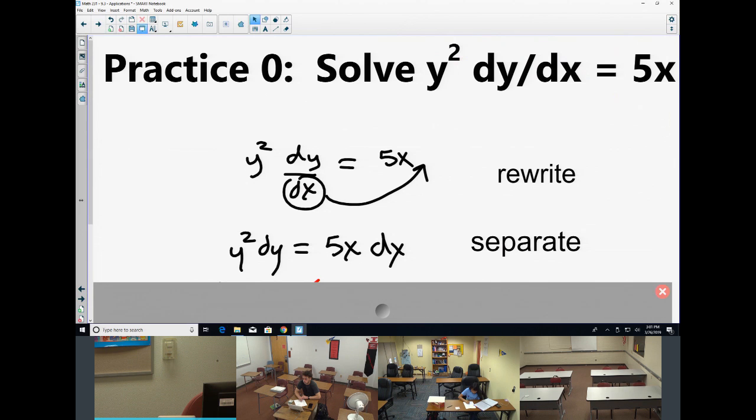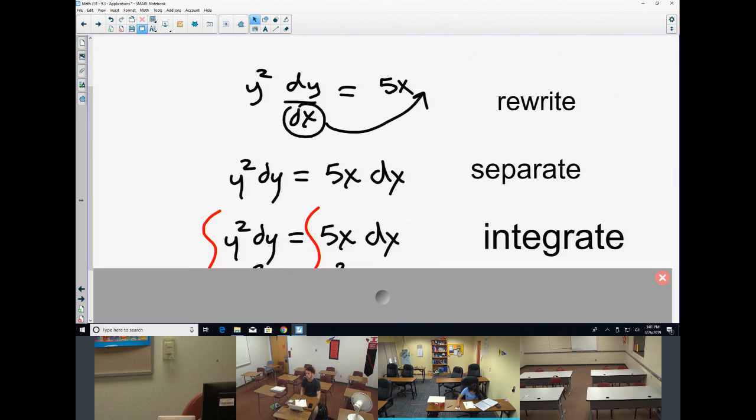So Jada, what's the integral of y squared dy? Would it be y to the third over 3?